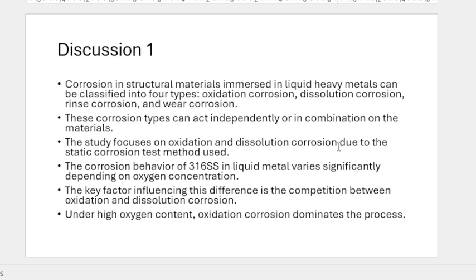As for the discussion, first, the corrosion in structural materials immersed in liquid heavy metals can be classified in 4 types: oxidation corrosion, dissolution corrosion, erosion corrosion, or wear corrosion. These corrosion types can act independently or in combination on the materials.